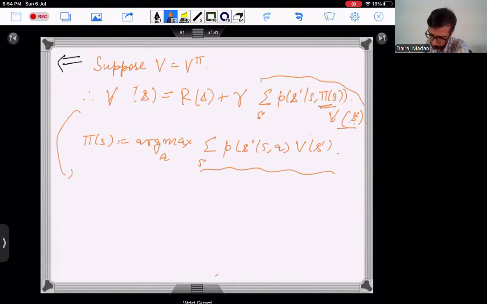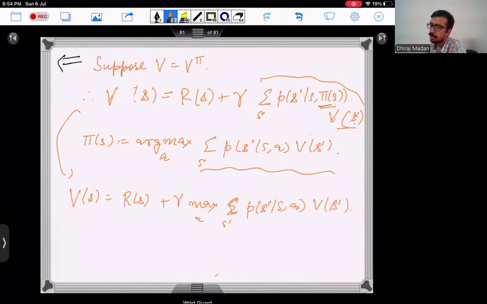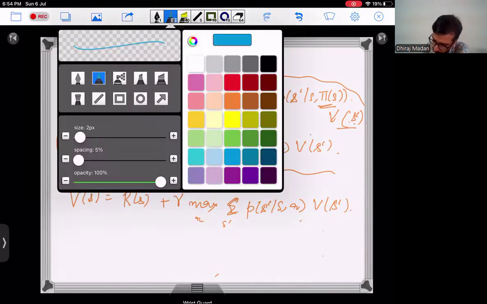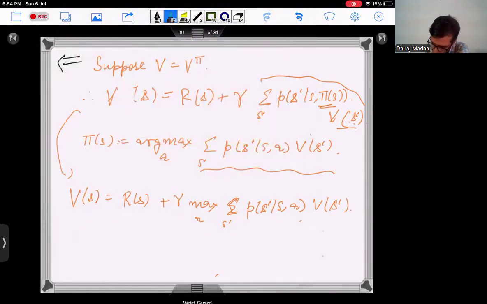We can rewrite it as V of S is R of S plus gamma times max over A of sum over S prime P of S prime given S A, V of S prime. This is now the Bellman equation corresponding to the optimal value function. Therefore V must equal V star, the optimal value.